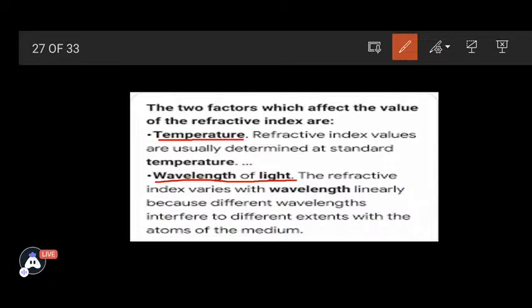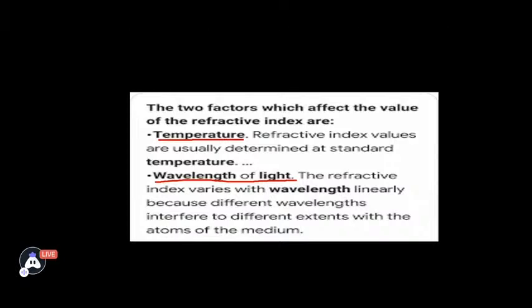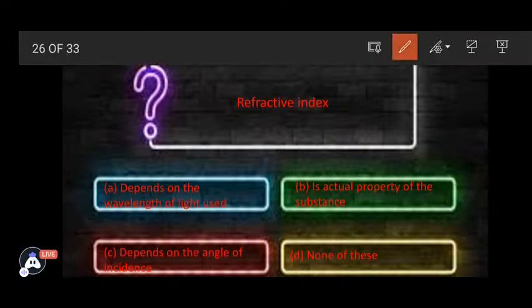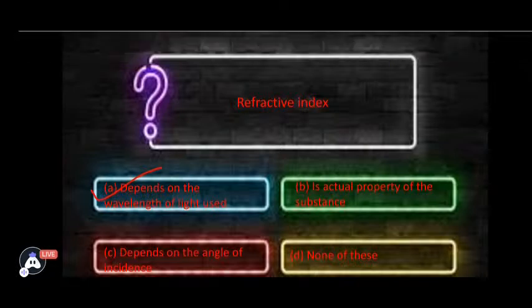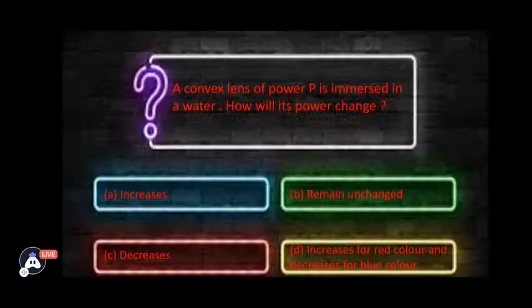So there are basically two factors which you almost know, that is the temperature and wavelength, on which the refractive index depends. So if I am asking here, we could see out of these four options, there is nowhere where temperature is mentioned. So the correct answer would be A. It depends upon the wavelength of light used. Moving ahead to the next one.